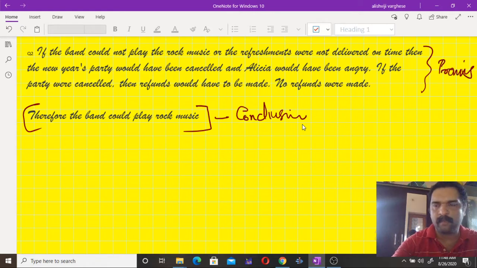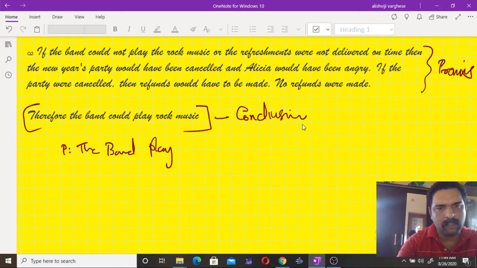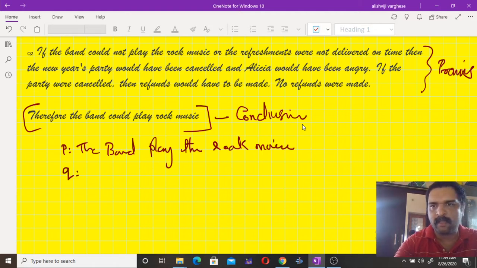So here we have a number of premises. First step, we have to rewrite all the premises in terms of primitive statements. So let us start with identifying the primitive statements from the premises. First one, if the band could not play the rock music, so the band plays the rock music, that's our first premise, P. Then the second one, or the refreshments were not delivered on time.